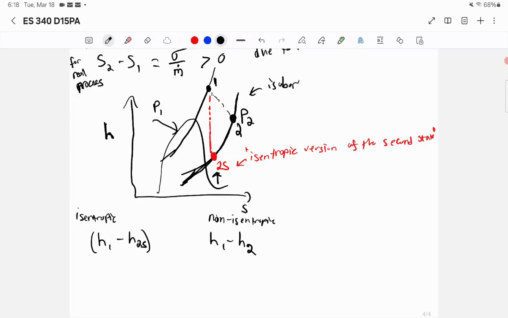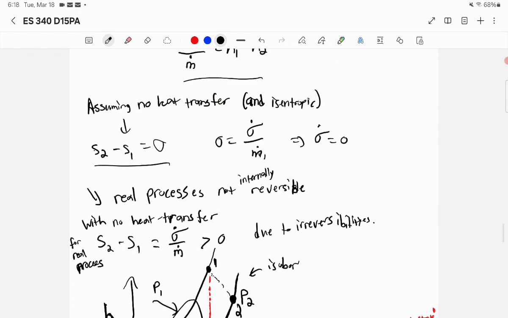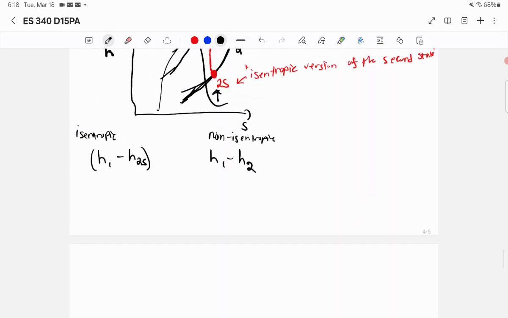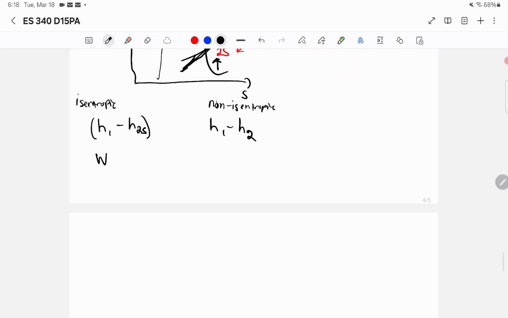Okay, so remember up here, we were assuming no heat transfer. You have to keep all of those steps in mind, but assuming no heat transfer and all of that good stuff, that means that over here I had my W dot over m1 dot equal to H1 minus H2.